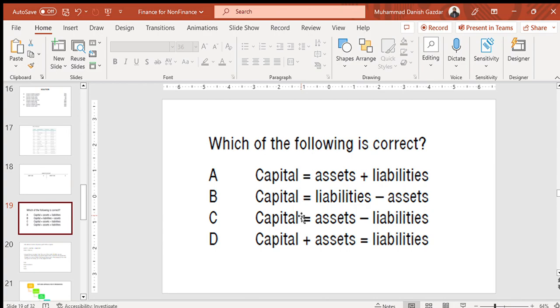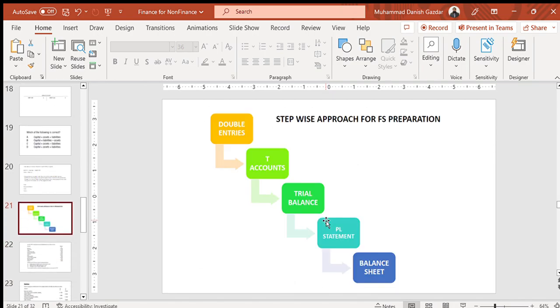So the answer is option C: capital is equal to assets minus liabilities. Why? Because if you move the liabilities to the other side, it becomes assets equal to capital plus liabilities. This is the accounting equation presented in a different manner. So option C is the correct answer.